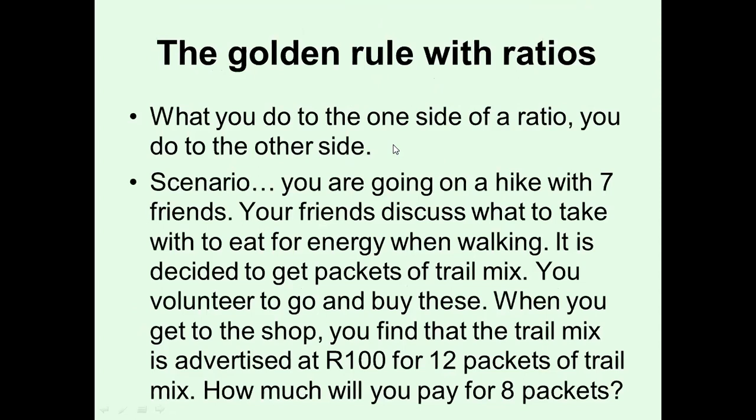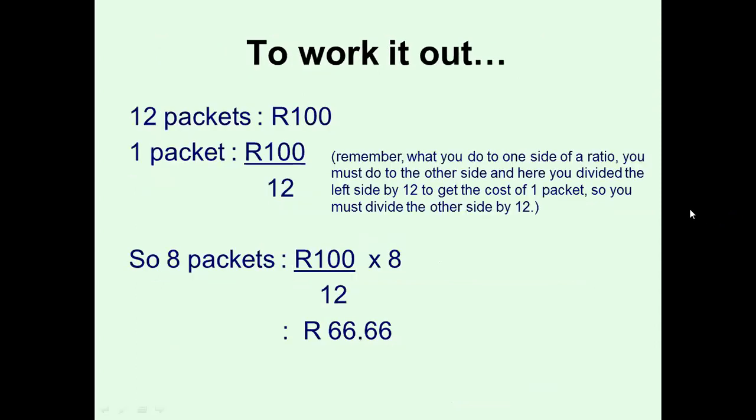And it's decided to get packets of trail mix. So you volunteer to go to the shop to buy them. When you get to the shop, you find that the trail mix is advertised at 100 Rand for 12 packets of trail mix. But you only need 8 packets. How much will you pay for 8 packets?